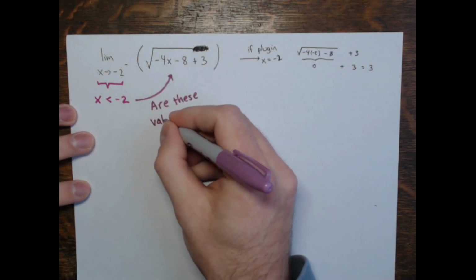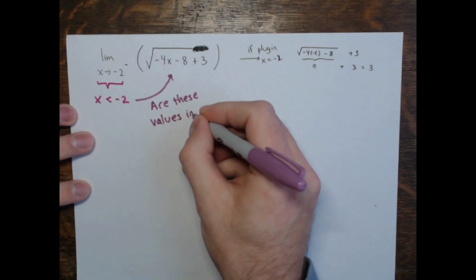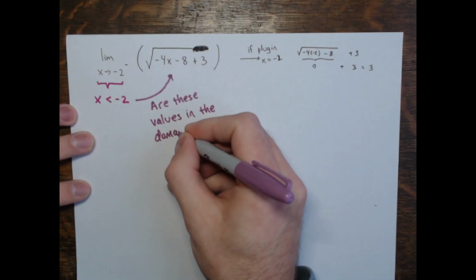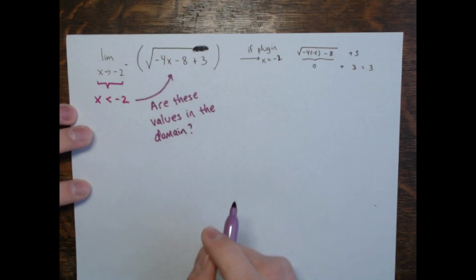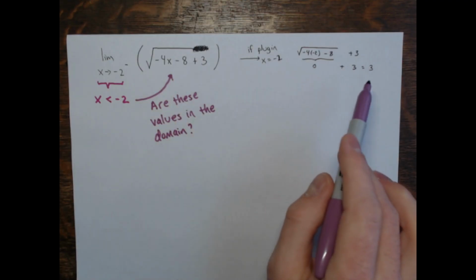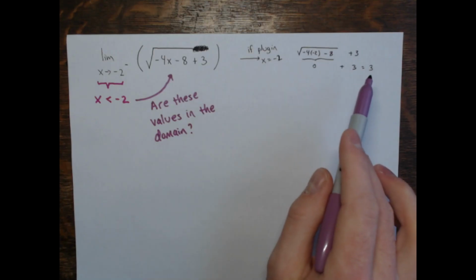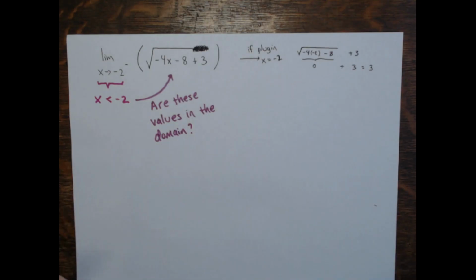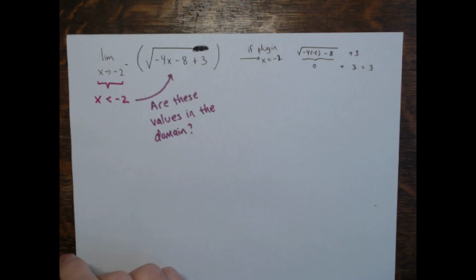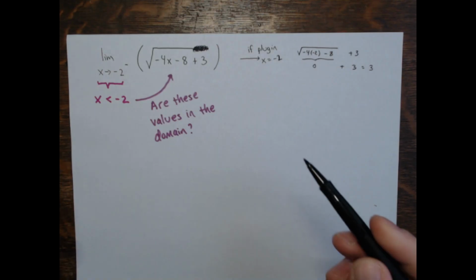Are they in the domain of the expression? Because if they are, then this is fine, we'll be approaching 3. But if they're not in the domain, then I can't even think about plugging them in, and the limit doesn't exist.